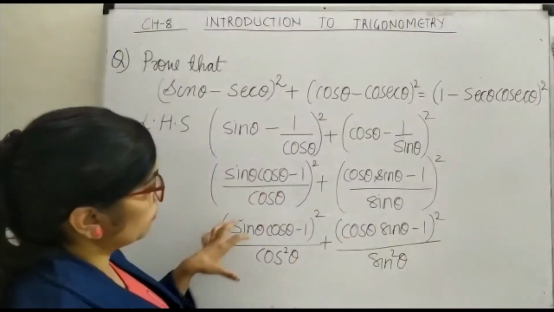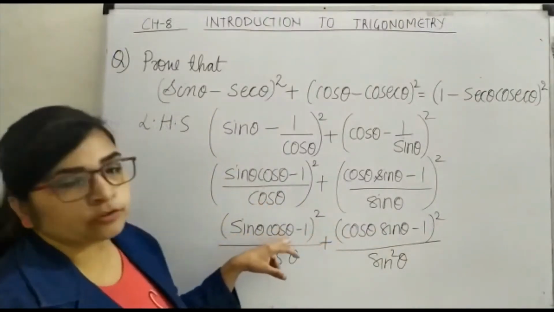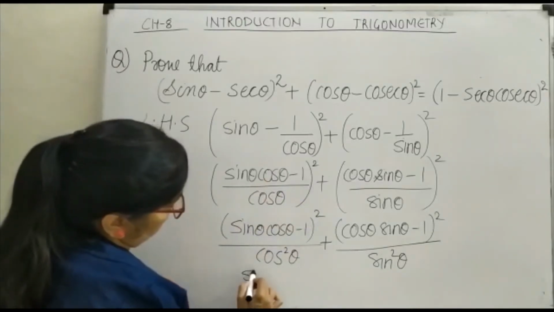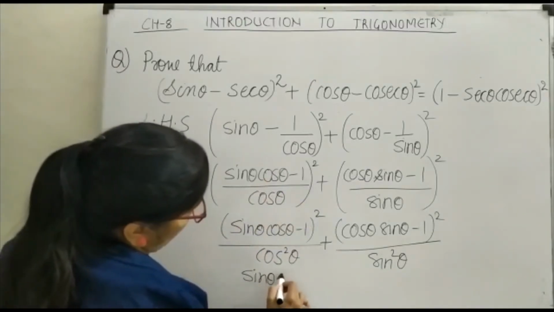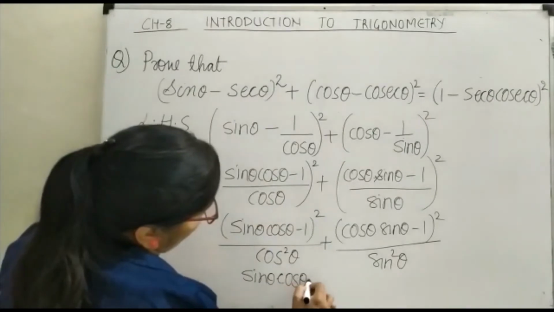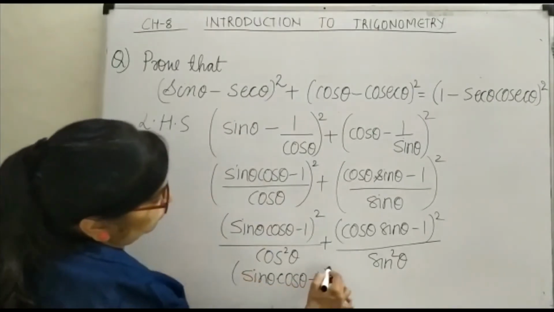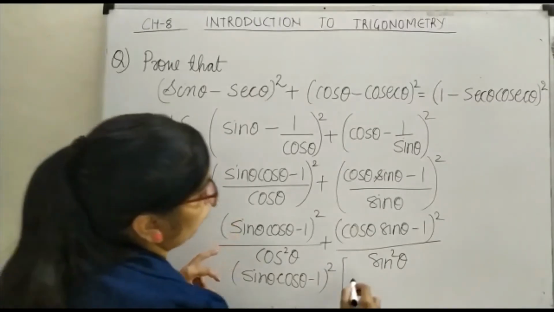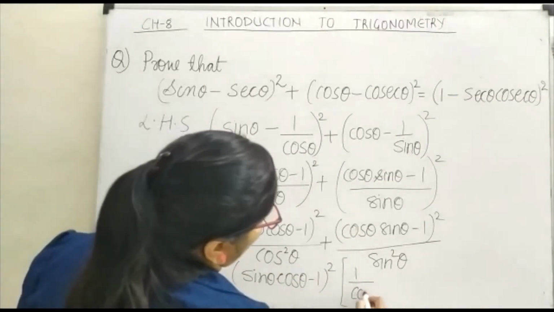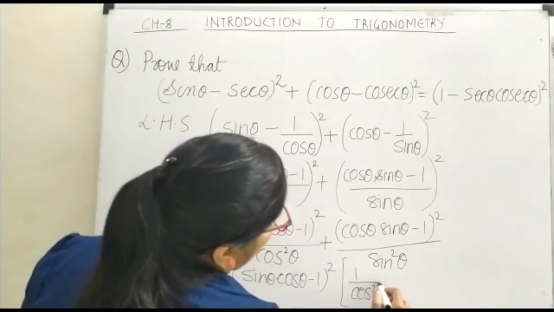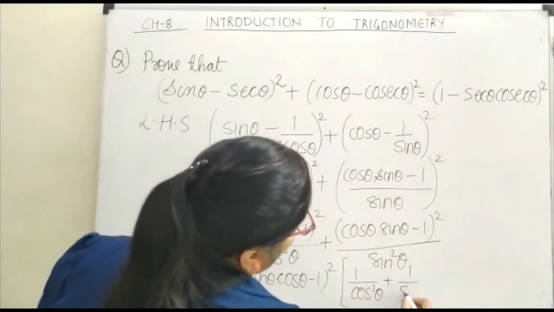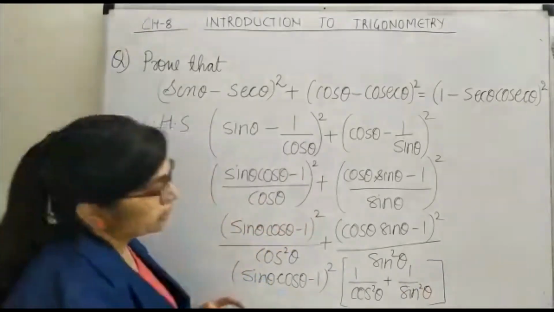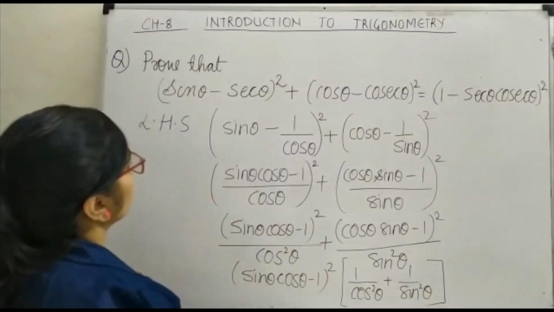You can see that in both terms, (sin theta cos theta minus 1) the whole square is common. So we can take this term common. If I take it common, I am left with 1 upon cos square theta plus 1 upon sin square theta.